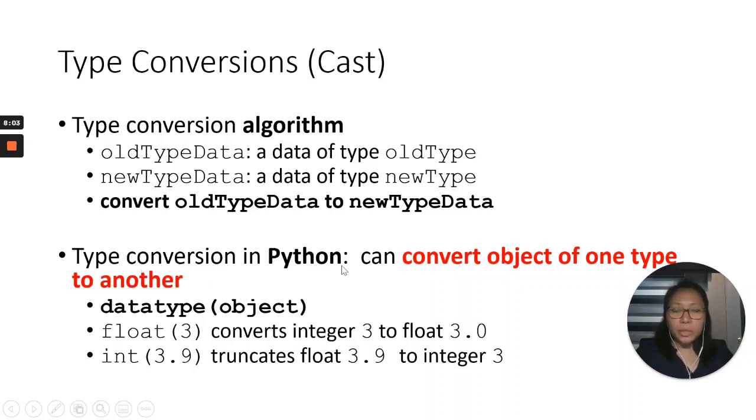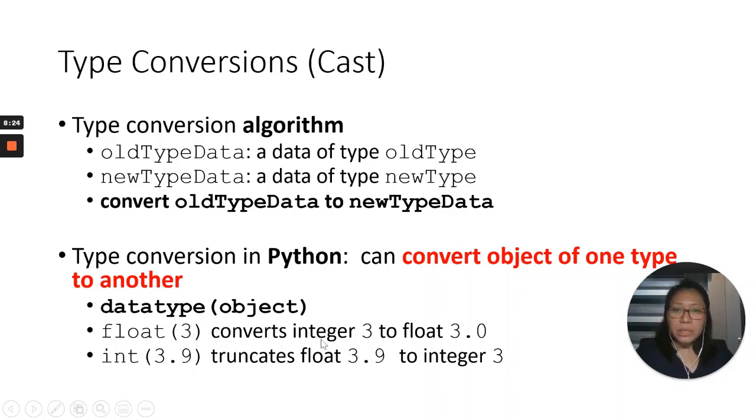So the type conversion in Python is you can convert an object of one type to another using this syntax: data type, and then inside parentheses you have the object. For example, float, and inside the parentheses you have the integer 3.